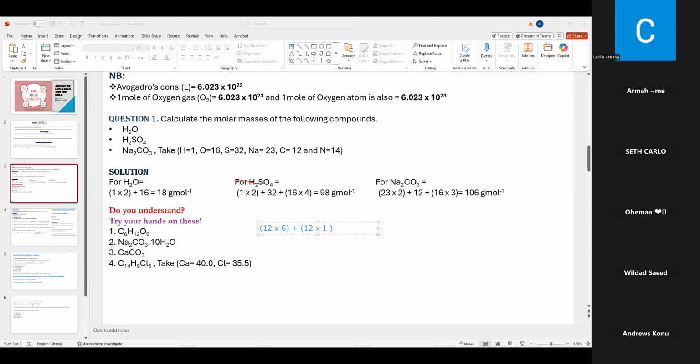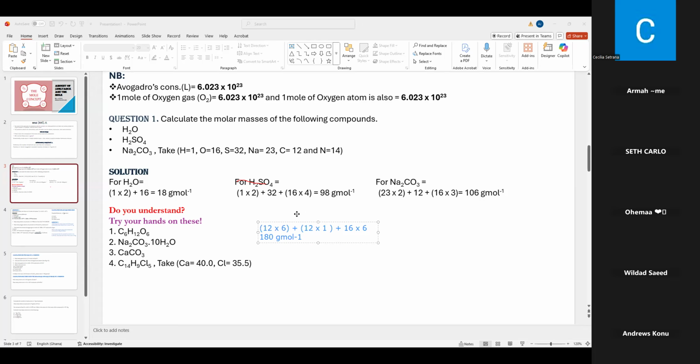And then plus 16 times 6. And then that gives us 180 gram per mole. Are we all on the same page?